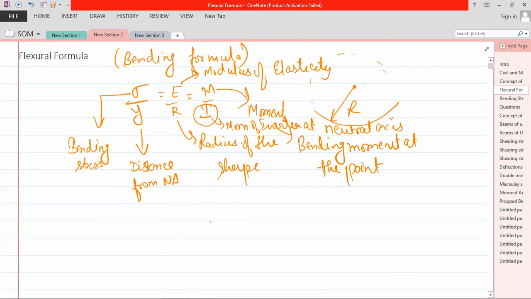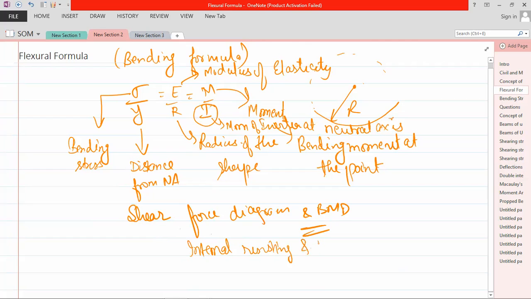So how is bending stress generated? That's why I asked you to revise the shear force diagram and bending moment diagram. As I told you in the previous lecture, they are the internal resisting force and couple, and these lead to stress.